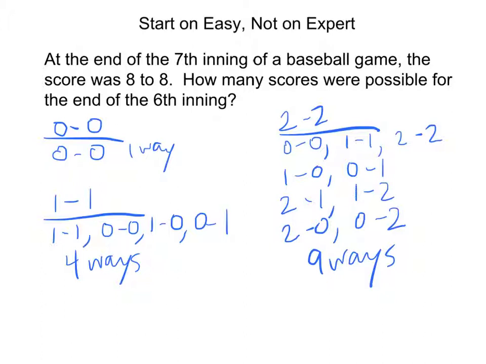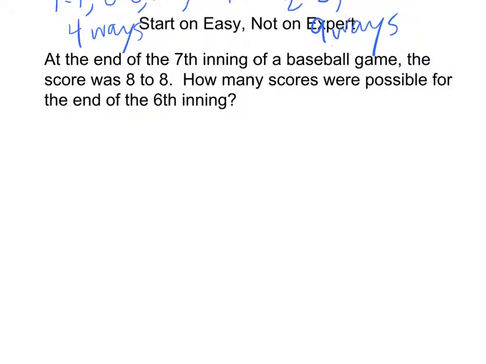Now, by continuing like this, you might realize that there are some patterns in this. And you notice that we all have different combinations of, in this case, 0s, 1s, and 2s. So we could take a look at, for 3-3, we could say, well, the home team could have a score of 0, 1, 2, or 3.